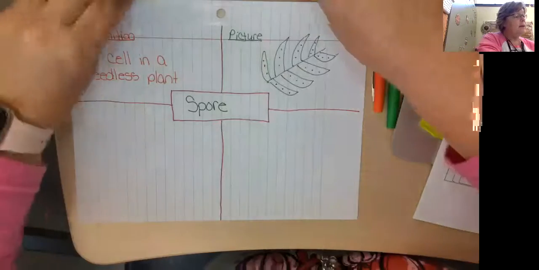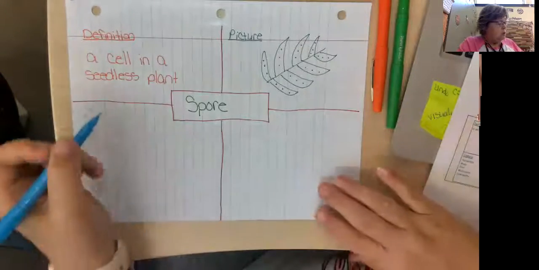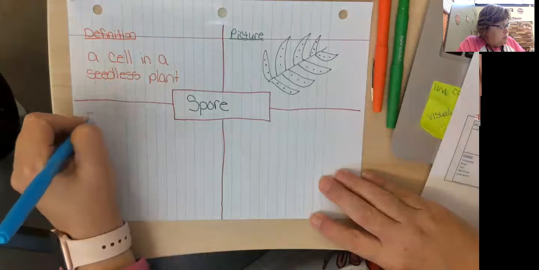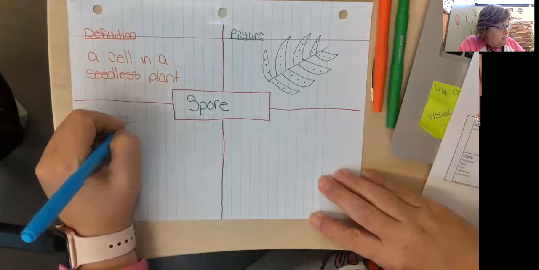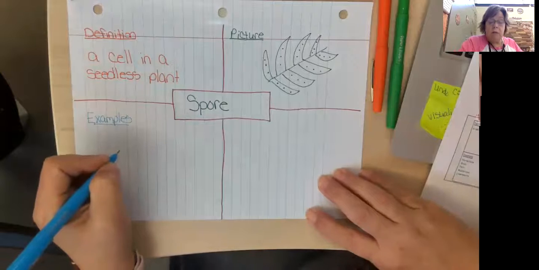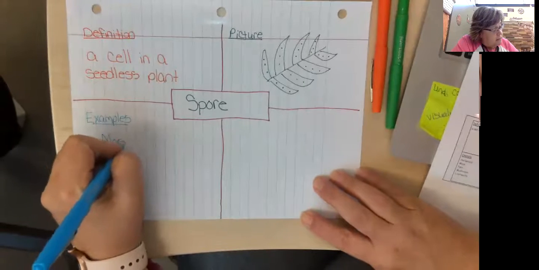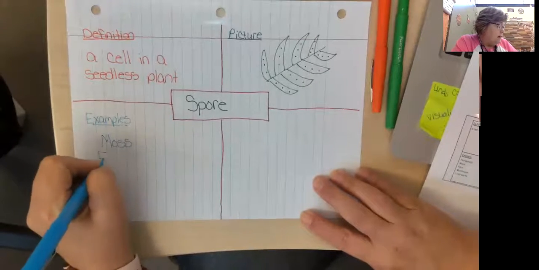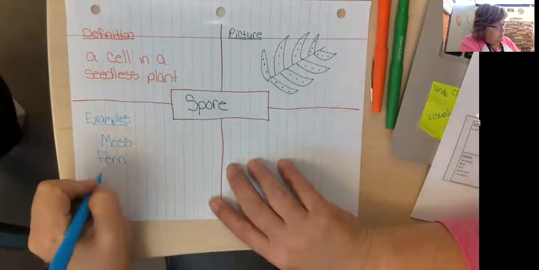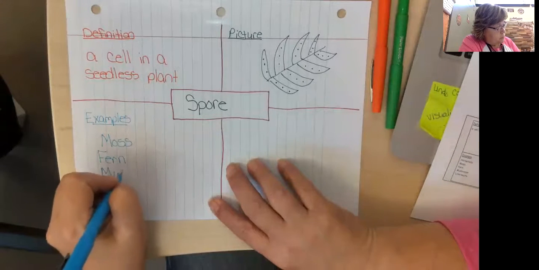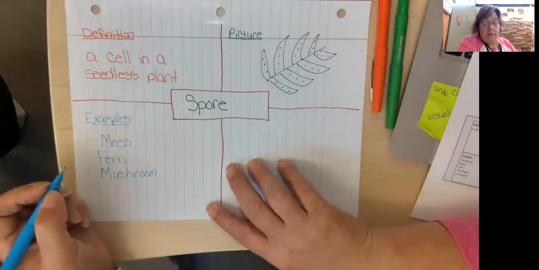Now down at the bottom, in the bottom left-hand corner, we're going to write some examples of plants with spores. So we've already talked about moss, and we've talked about ferns, mushrooms, horsetails.